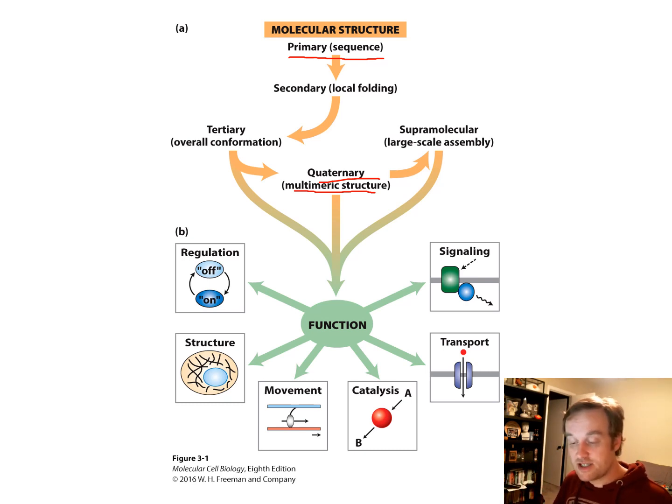And the same thing can be said for supramolecular complexes, which are these very large, tens to hundreds of subunit protein complexes. Now, tertiary proteins that don't associate into quaternary or supramolecular structures can have function, as well as quaternary or multi-subunit proteins or supramolecular proteins can all have function.